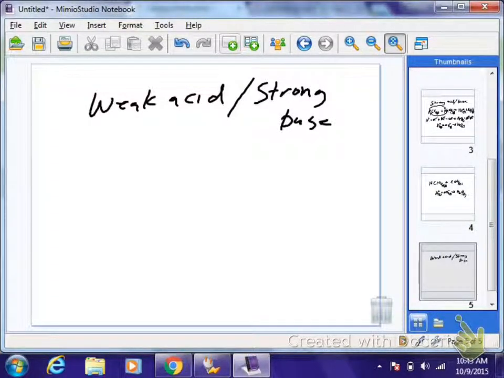I'm going to take HF, which is a weak acid, and I'm going to react it with a strong base, which would be NaOH.